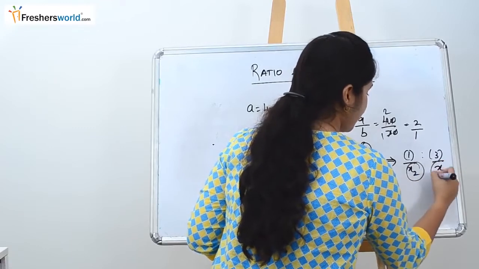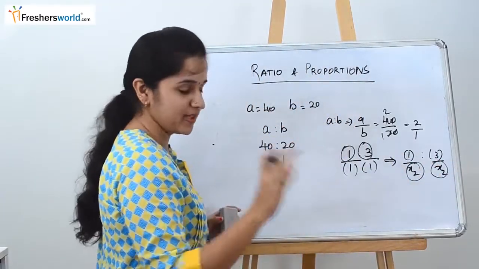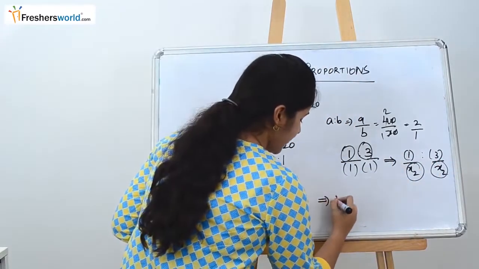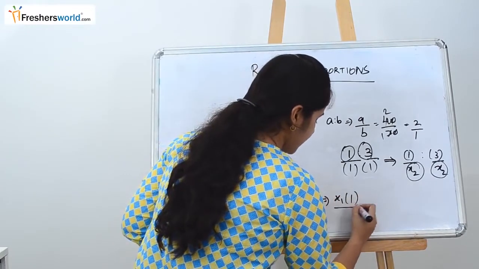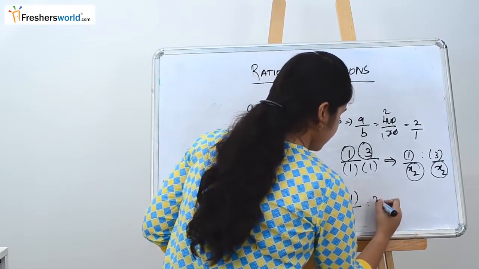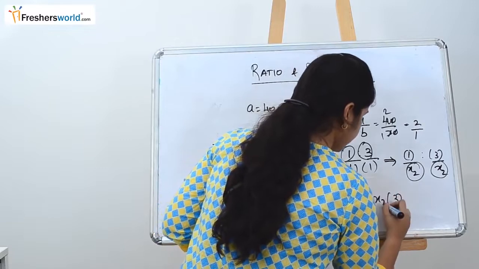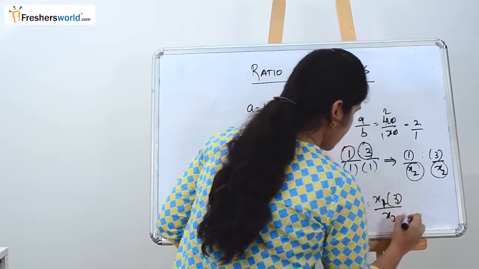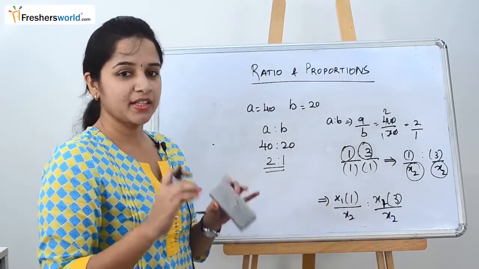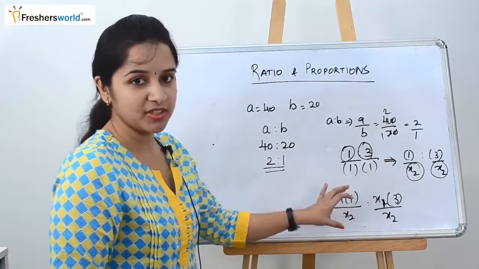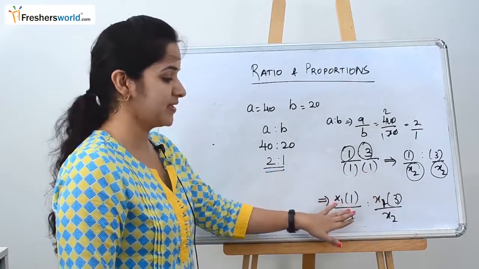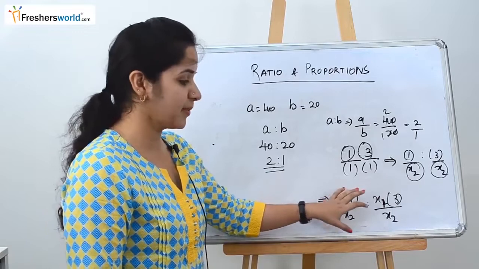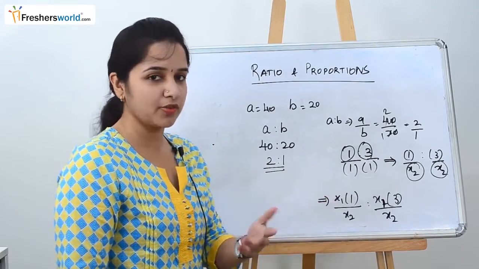Whatever you divide it by, your prime ratio will always be the same. Even though you multiply and divide by the same numbers on both sides, the prime ratio will always be the same. This concept you should always remember. This will be helpful when you solve future sums.